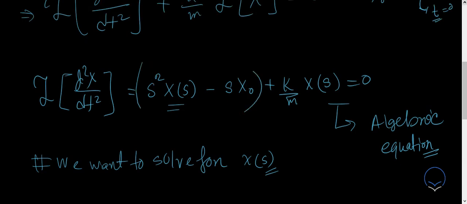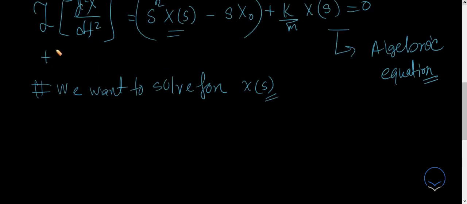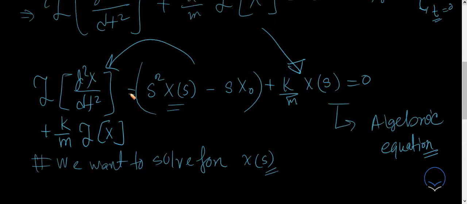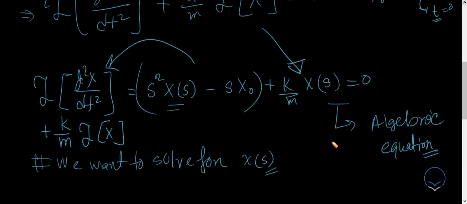And yes, this part is coming from this guy, and this guy is over here. That is k by m, this guy. So I should have written it over here, so let me just write it down. L of x of t. So this part is coming from here, and this part, the part with k by m, is coming from here.